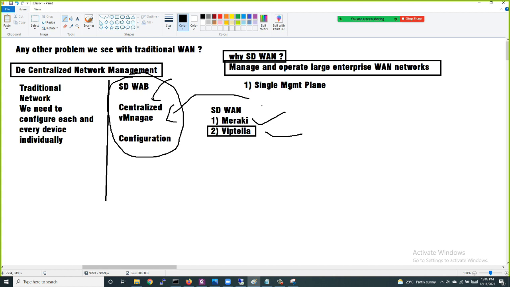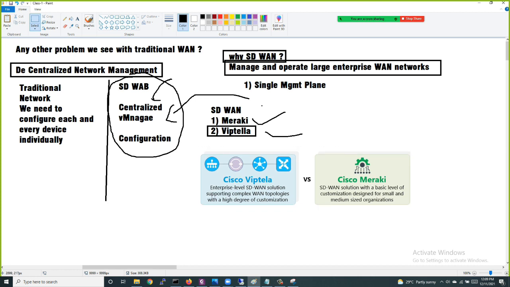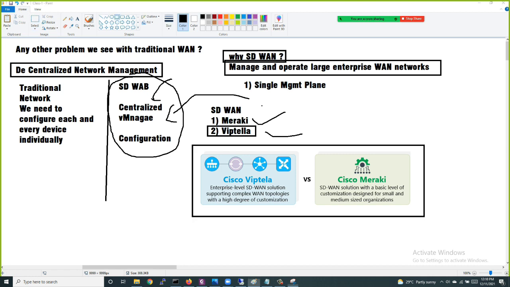Let me give you an overview of it also. Can you see here? Cisco Viptela is an enterprise-level SD-WAN solution supporting complex WAN topologies with a higher degree of customization. Cisco Meraki is an SD-WAN solution with a basic level of customization designed for small and medium-sized organizations. Any problem in understanding this, guys?